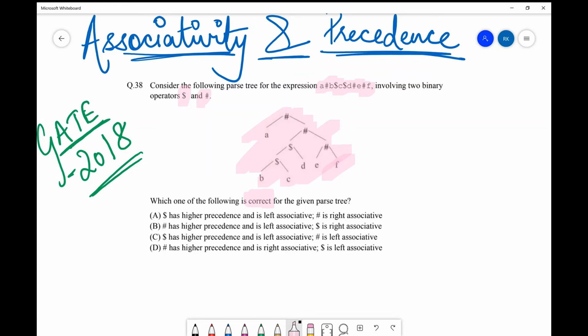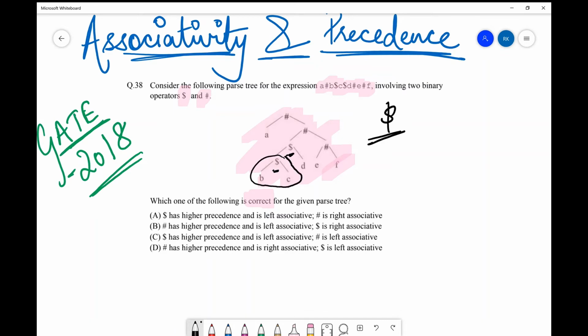So let's start with it. First we'll check the dollar sign operator over here. If you observe, it occurs in the tree at these two points. Also, in the tree, the expression that you'll be solving first will be the one which is at the lowest point of the tree, which is this one, right?